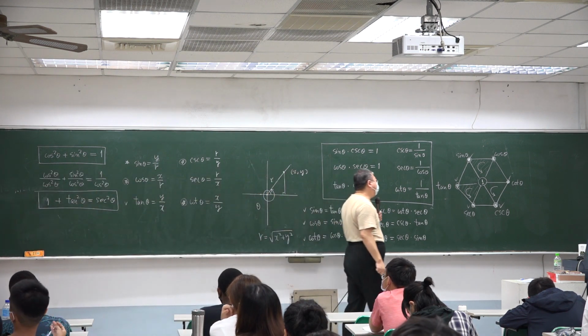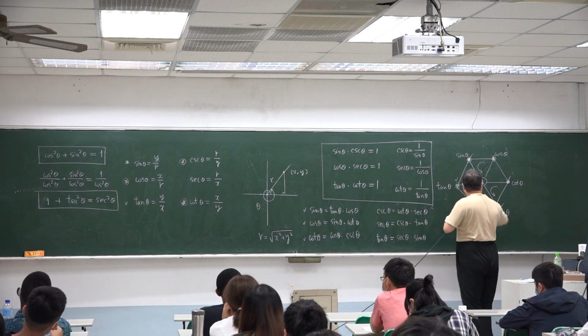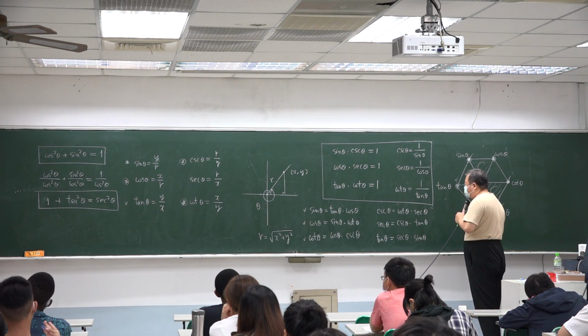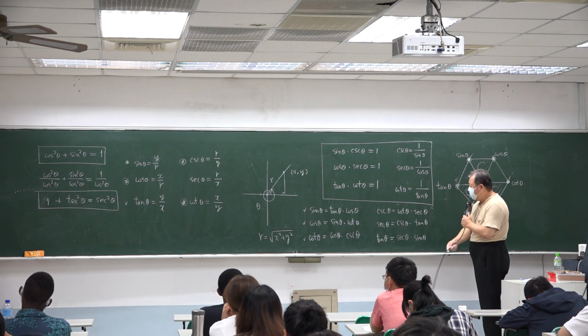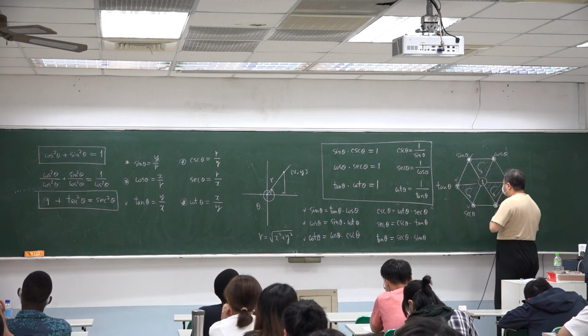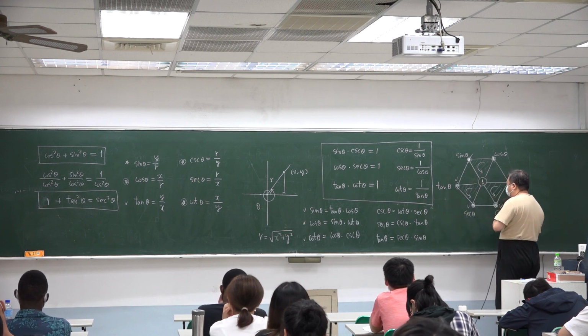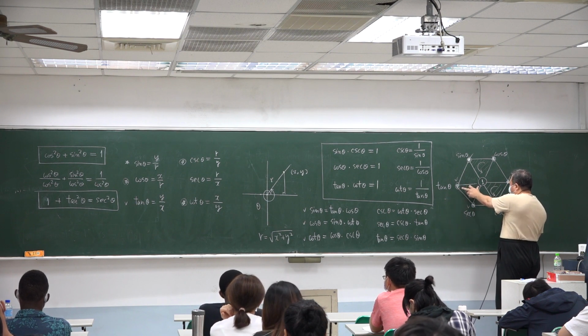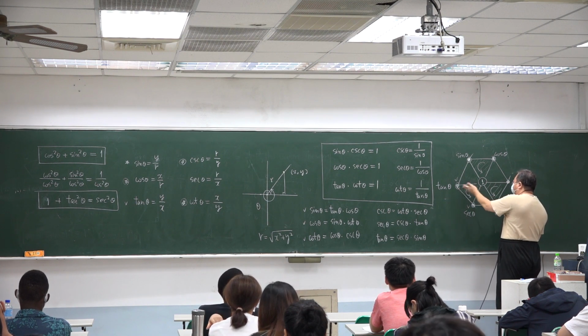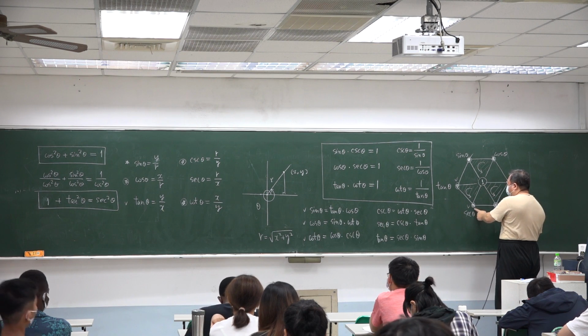So the rule of 3 is that for the 3 upside down triangles, the sum of the squares of the top 2 equals the square of the bottom one.